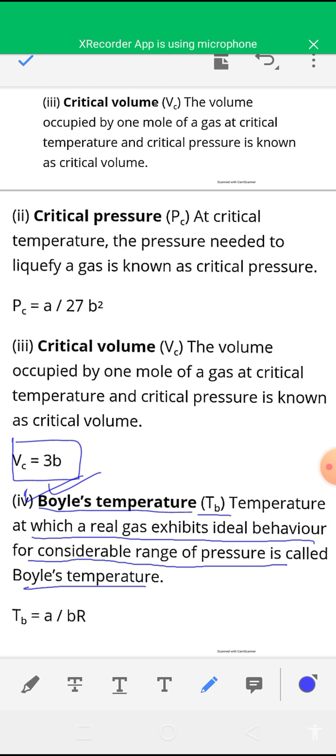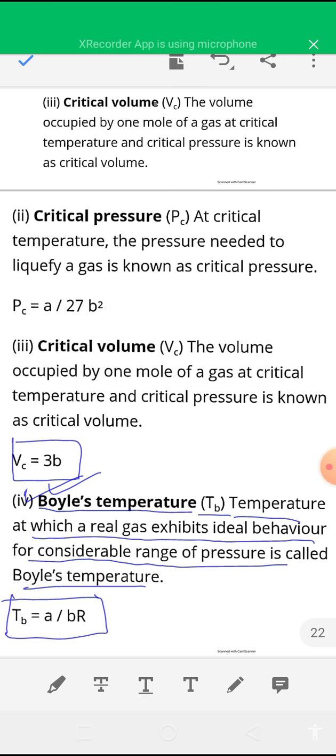The value of Boyle temperature is different for different gases, and it can be calculated using the formula TB = a/Rb.